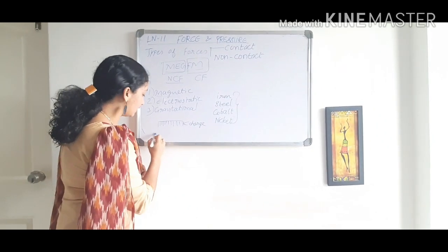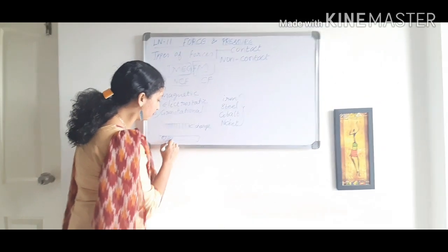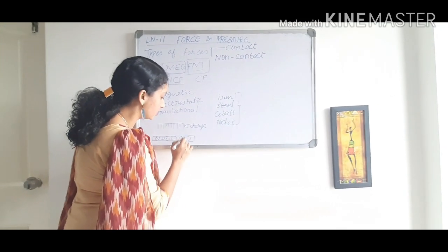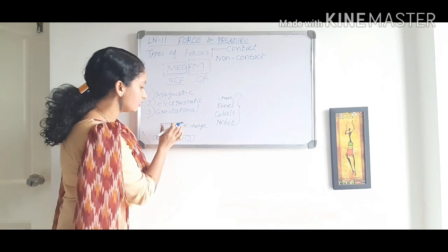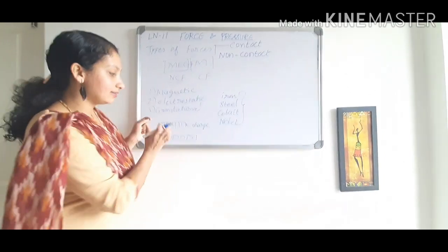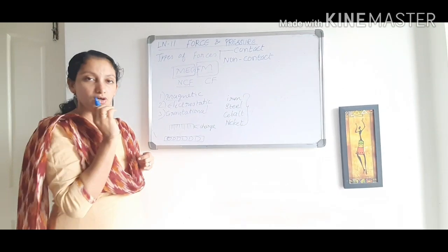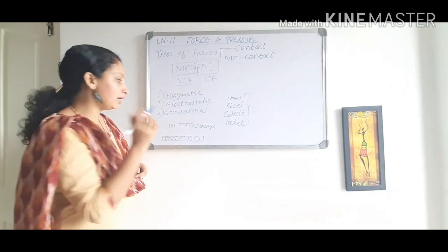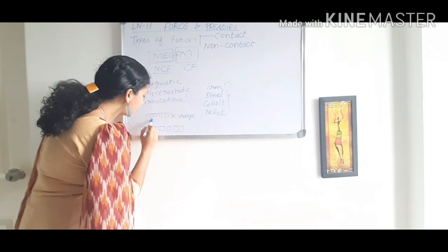Later you take small pieces of paper, keep them on the surface, and bring this comb close to these tiny pieces of paper. You can see some attraction.